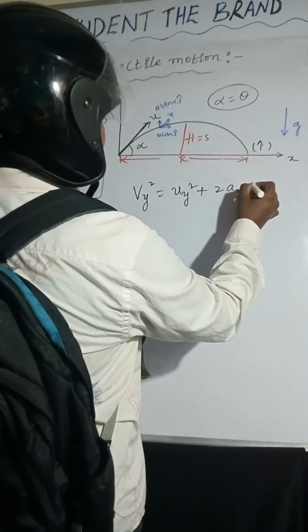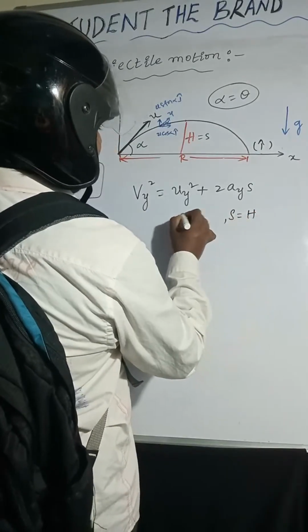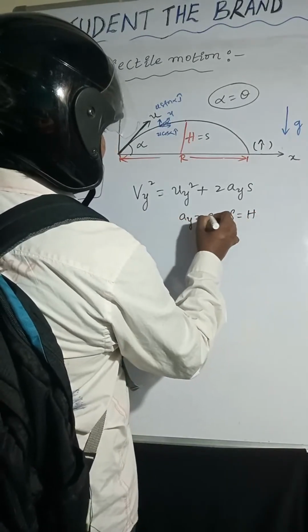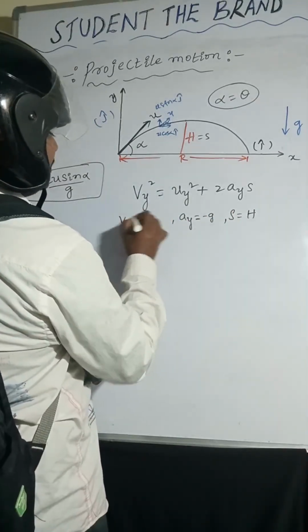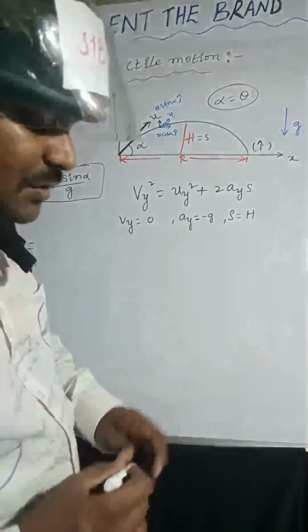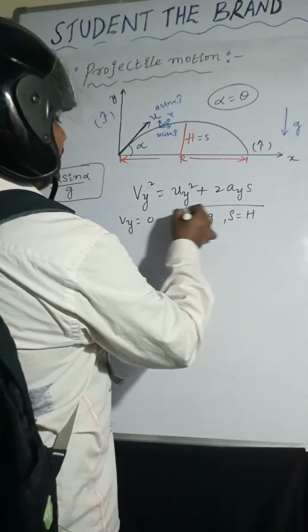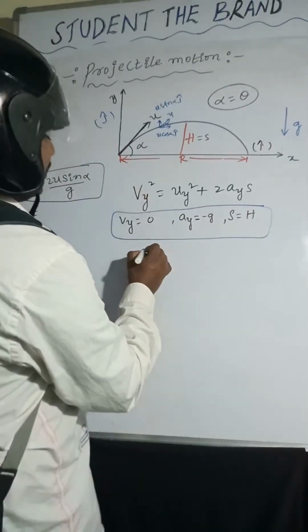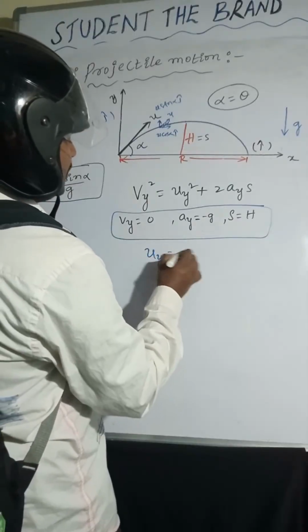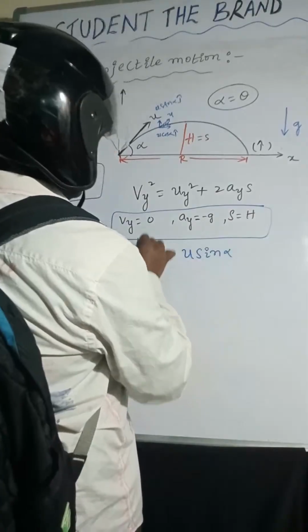So I am writing here S equal to h and ay equal to minus g, and Vy equal to 0, the final velocity when it is reaching the maximum point, Vy is 0. And Uy equal to u sin alpha, right?